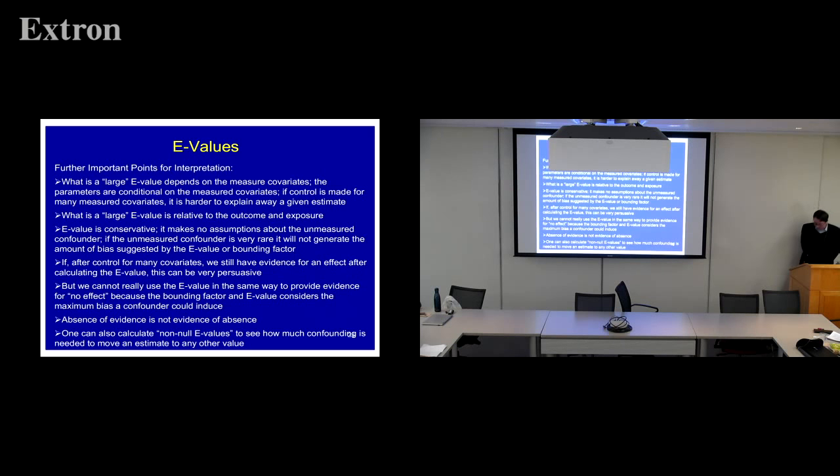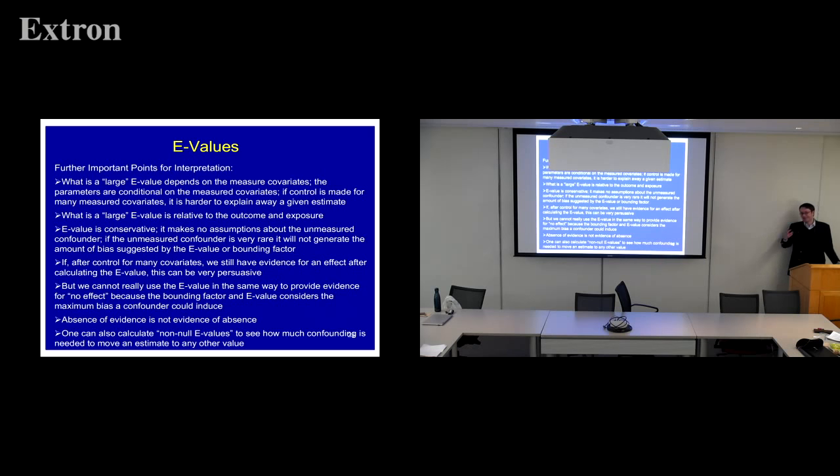A few additional important points on interpretation. First, this really is always context specific. What is and is not a large e-value depends on the measured covariates that have been controlled for. If you've controlled for everything under the sun, that changes the interpretation of those sensitivity analysis parameters, because it's the residual unmeasured confounding that they're capturing beyond what we've already adjusted for. What's a large e-value is also relative to the exposure and the outcome.